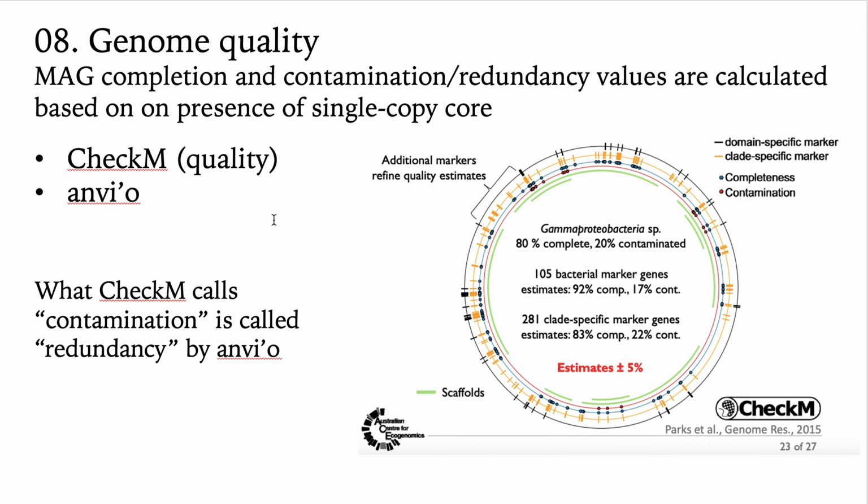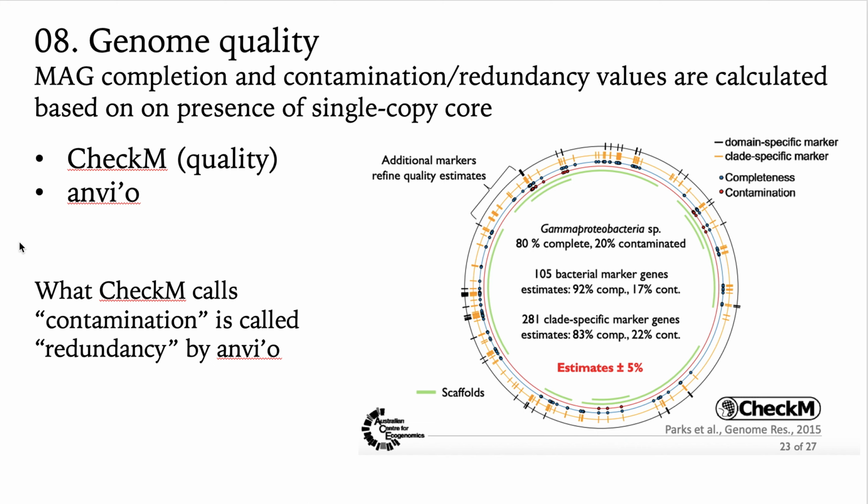CheckM is sort of the original and still most standard way of checking quality of your MAGs, and it uses the term contamination to refer to multiple copies of what should be single copy genes. Anvi'o is another program that does a variety of things. I'll talk a little bit more about it later, but it refers to this as redundancy because there's no hard proof to show that there's any contamination in this genome.